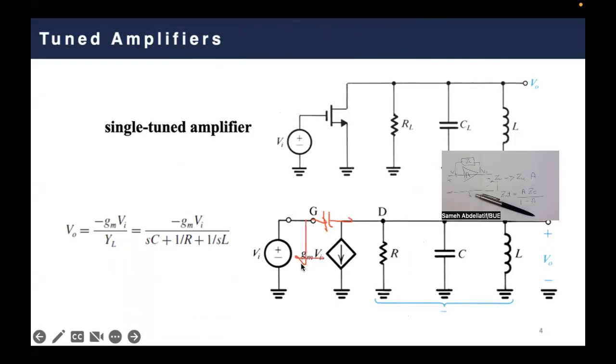One will appear here in parallel to CGS, and another will appear here. And again, with respect to our RF tuned amplifier design, we will be more concerned with the capacitance appearing between the drain and the source, because this will again impact the overall capacitance of our RLC filter in the drain side.